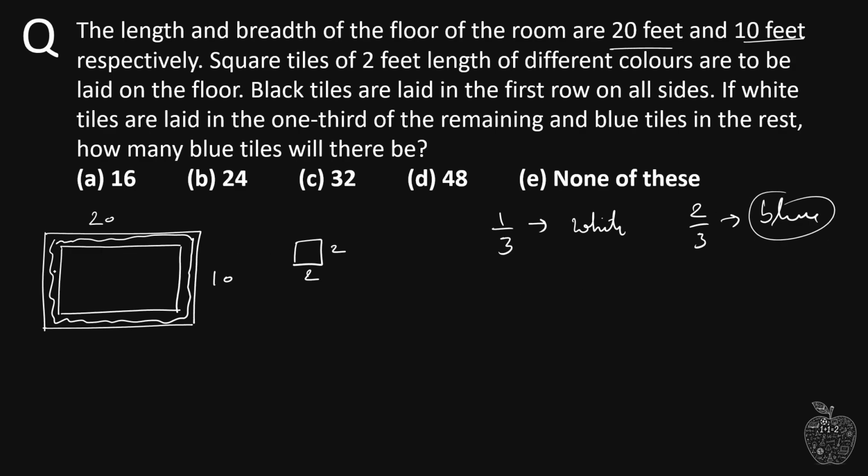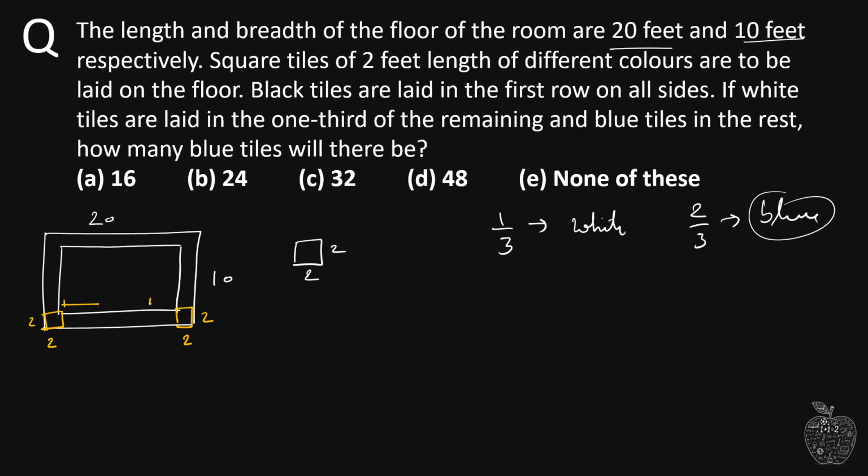So first of all, we know that the first row on all the sides is of black. So if this is a tile here, the dimensions are 2 into 2, right? Here again, this is a tile, dimension is 2 into 2. If we want to find the length and breadth of the remaining portion, how will we find it?